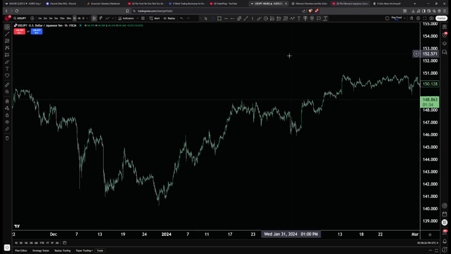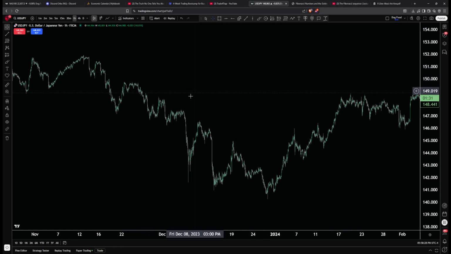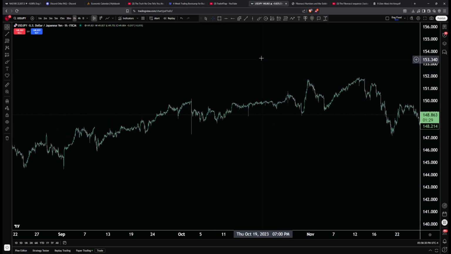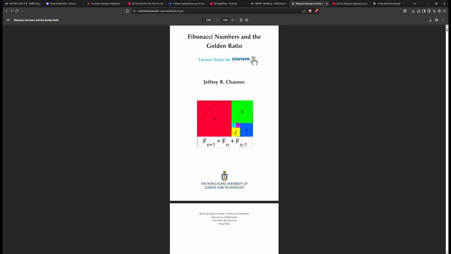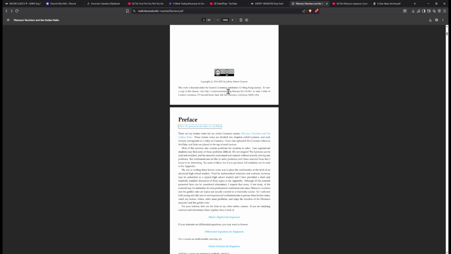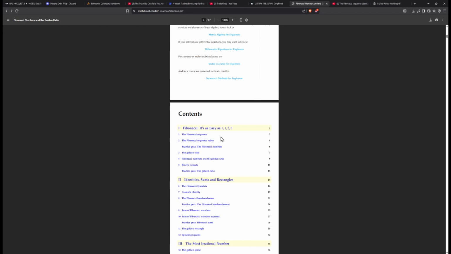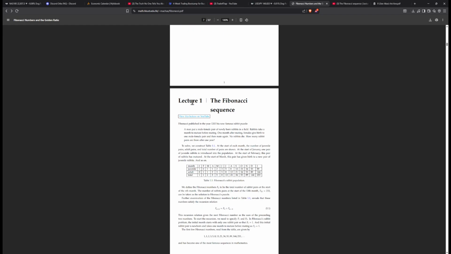I'm going to leave some reading references in the Discord, in the Trade for Trap Discord, some books, and this book right here is for Coursera. Basically, it's a platform you can study on, but I got access to it, so if I got access to it, you got access to it. But this book comes with YouTube videos.